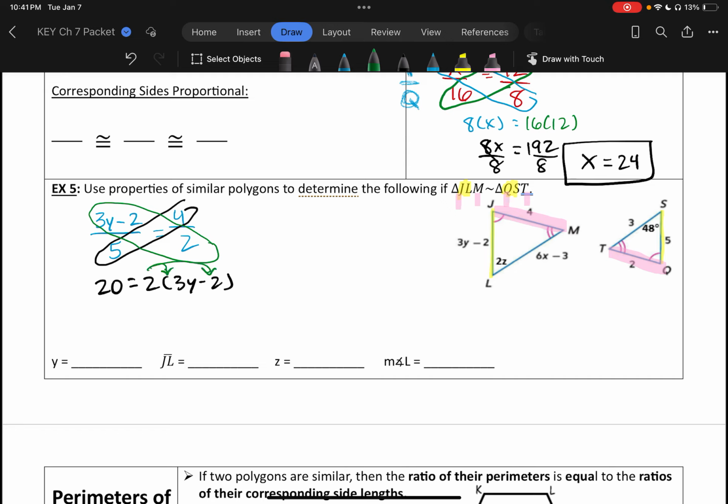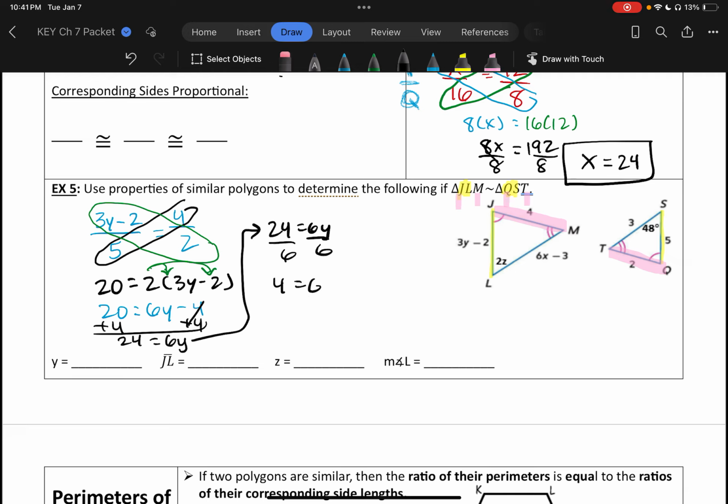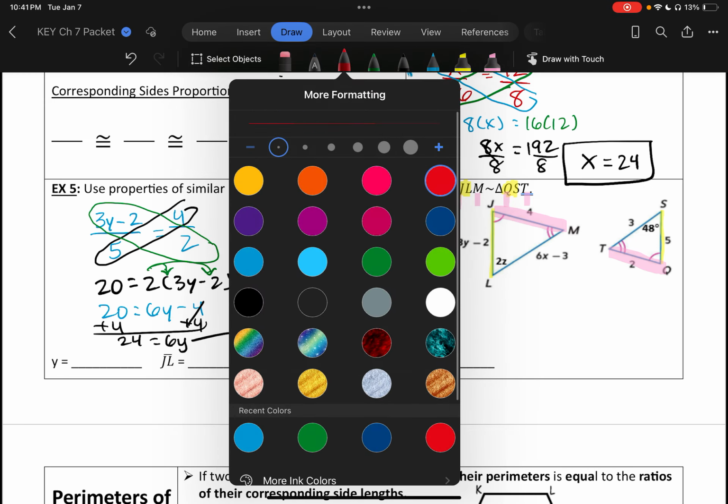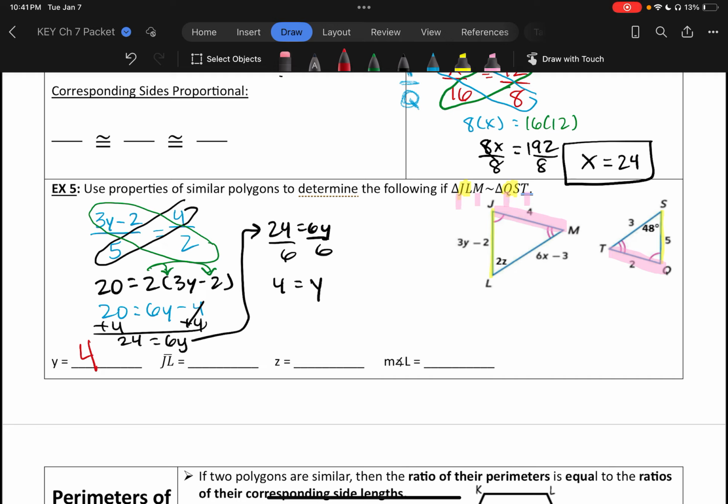So 20 is equal to 2 times 3y is 6y, 2 times negative 2 is negative 4. From here, you add 4 on both sides. What we get here is 24 is equal to 6y. If 24 is equal to 6y, then when I divide by 6, we get that 4 is equal to y. So, answering this question, y is equal to 4.